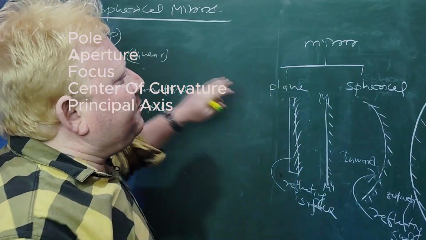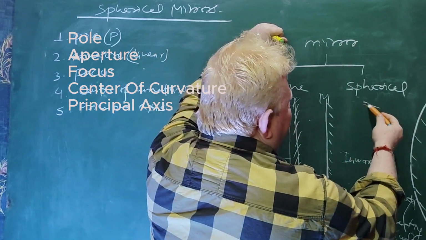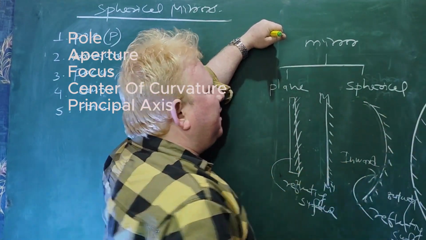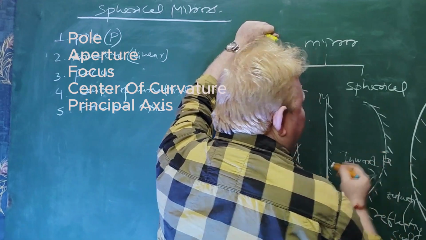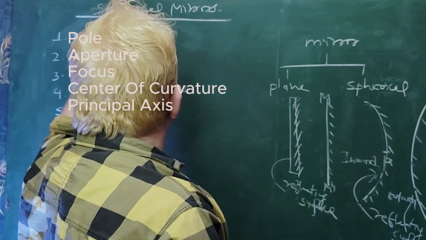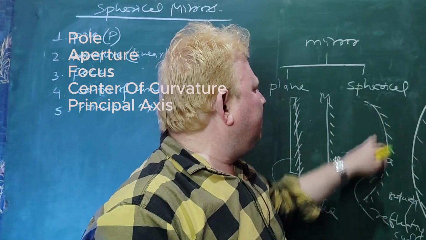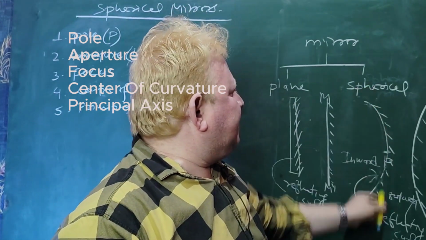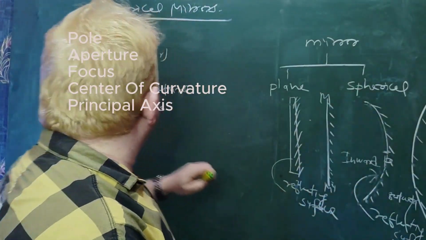Pole is the midpoint of the light reflecting area. Suppose this is the mirror, the midpoint of the mirror is denoted by P, and we call it the pole. Aperture is the diameter of this reflecting area.